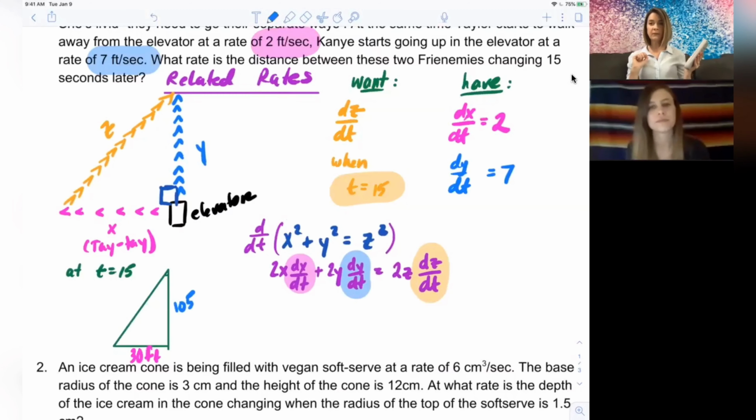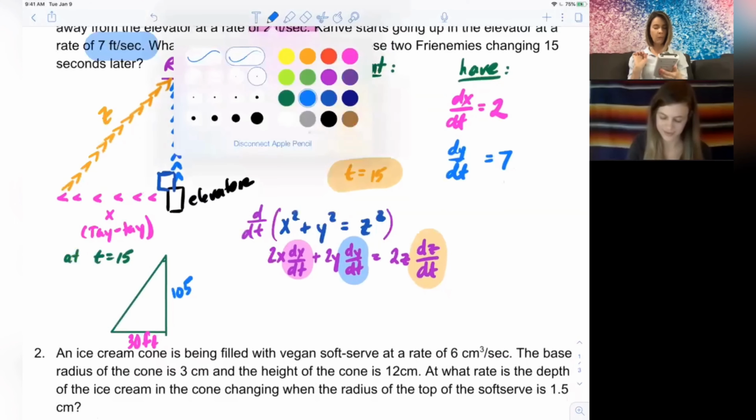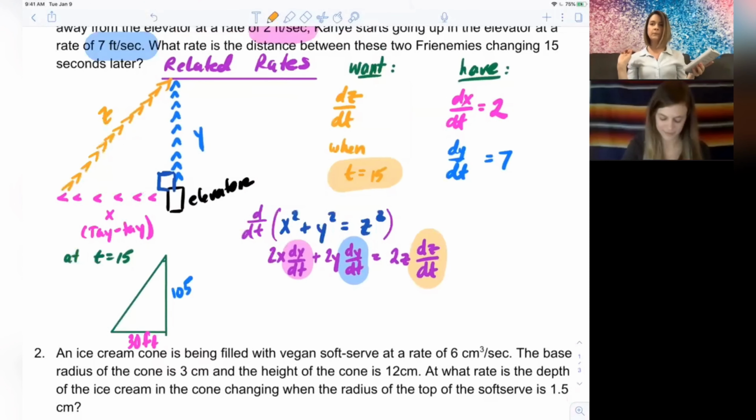Okay, cool. Can you find z for me? Yeah, so z, if we solve, would be 109.2. Okay, perfect. I think we have everything we need to plug in and solve this.